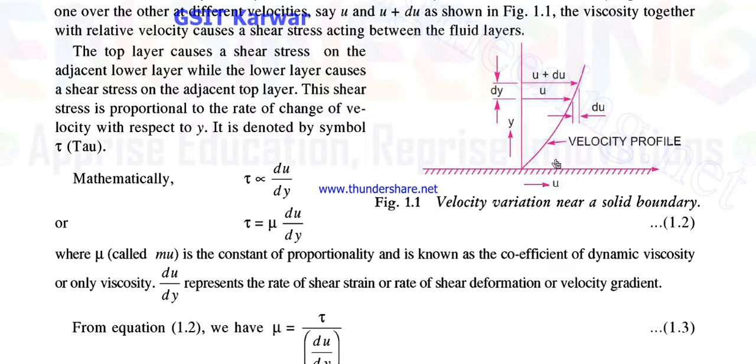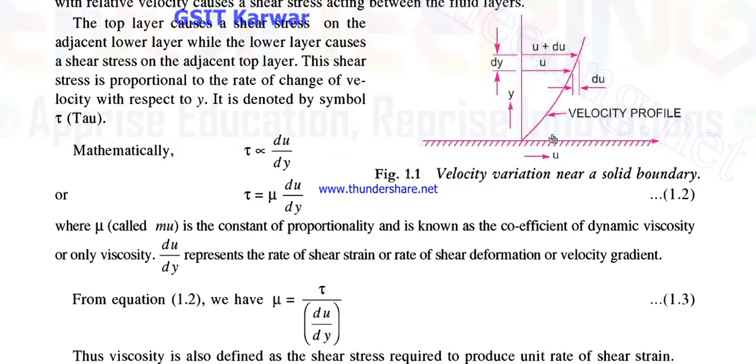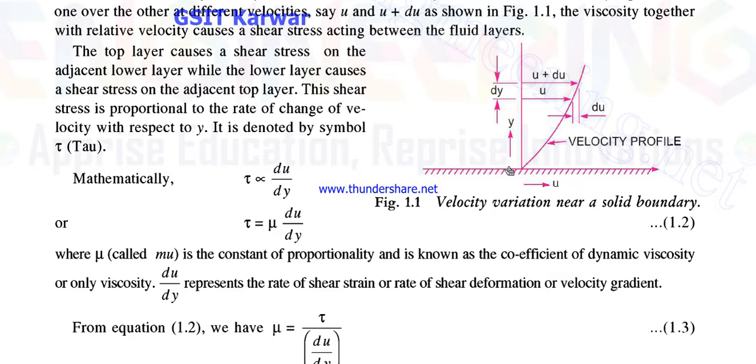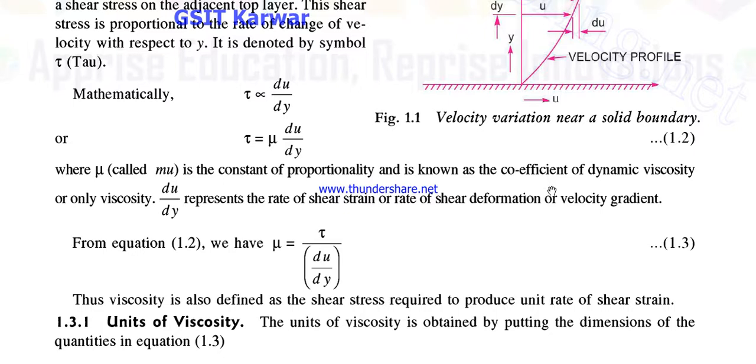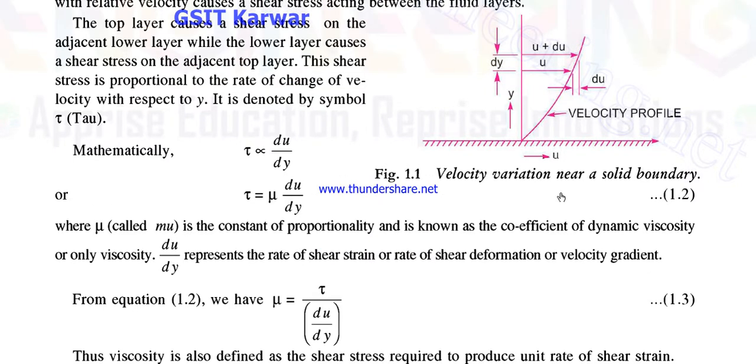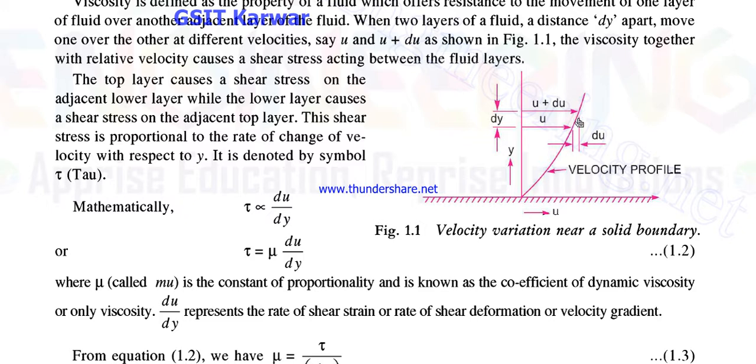And you can observe the figure here. The curve shows the velocity profile, the fluid particle velocity profile, and the u is the velocity and y is the vertical distance. It is so simple. Okay, for analyzing purpose, we made the graphical representation like this.